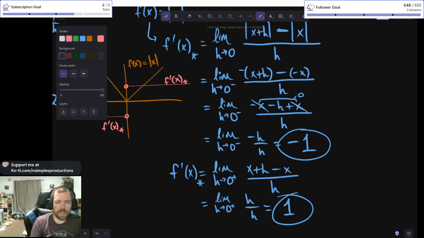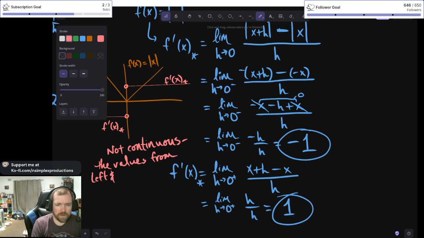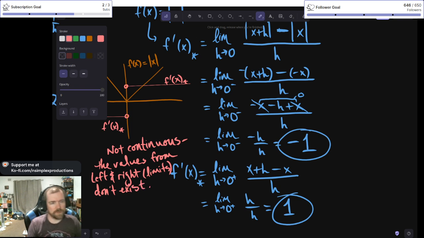So this is not going to end up being a continuous function. Right, the average slope, the average rate of change doesn't match coming from either side. So this ends up failing for us.